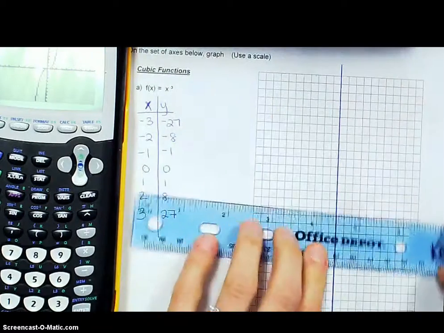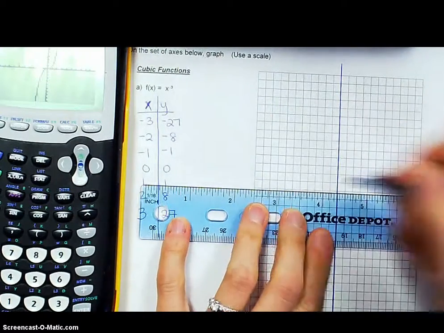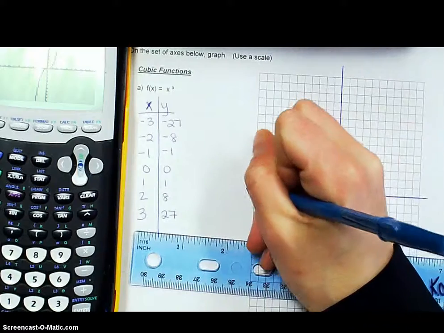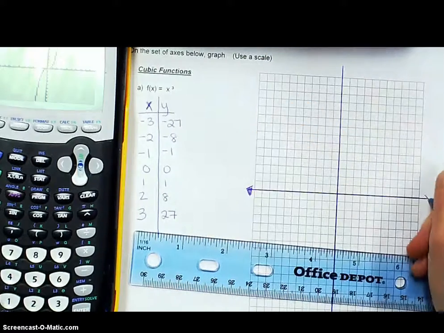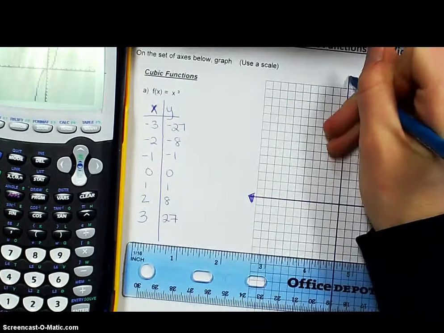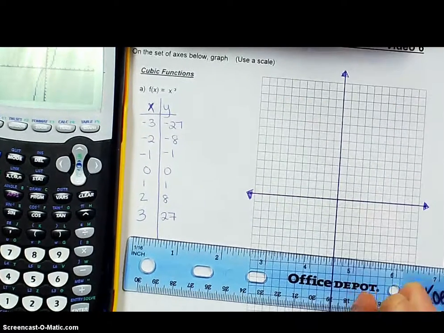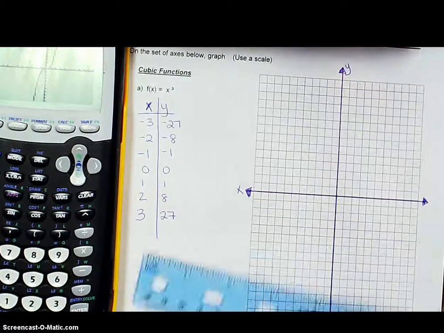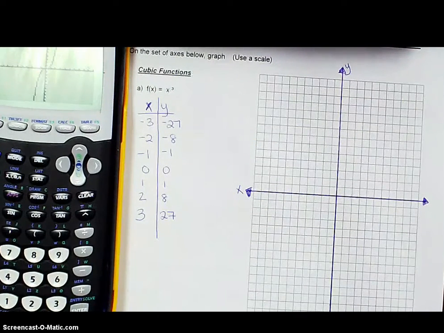I'm going to go right through the middle here. We want to make sure we hit all 4 quadrants because we were not given a restricted domain, so we want to show the whole graph. So here we have our x and our y. For this one, I'm not going to use a scale.